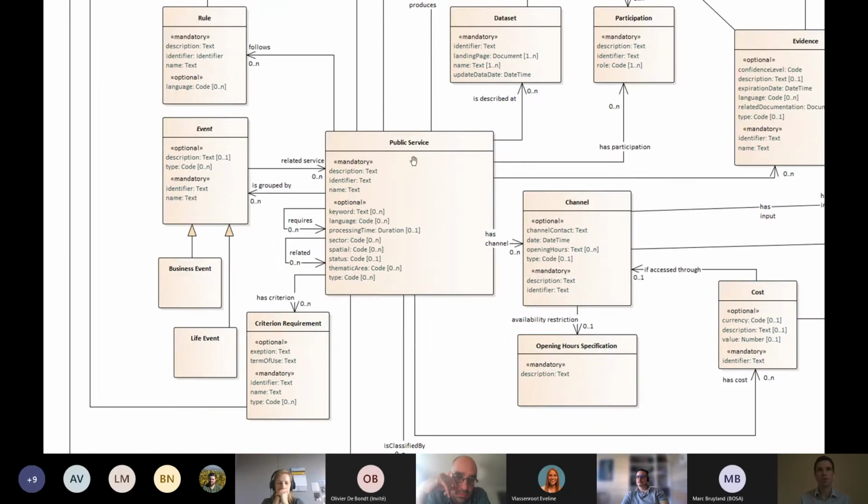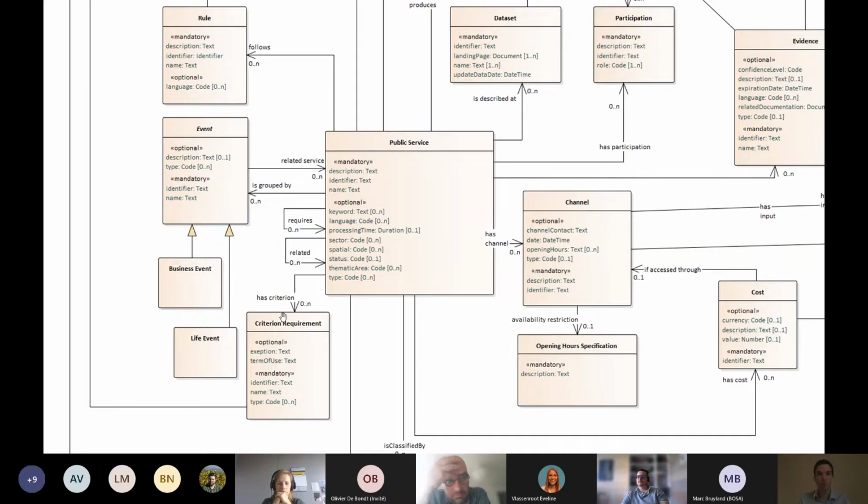The public service is usually related, one or many public services are usually related to an event, for example, giving birth or getting married, as we will see in a minute. And a public service usually requires different criteria.